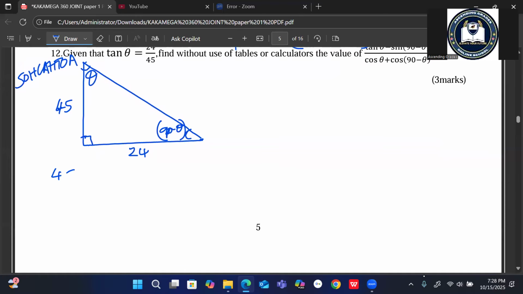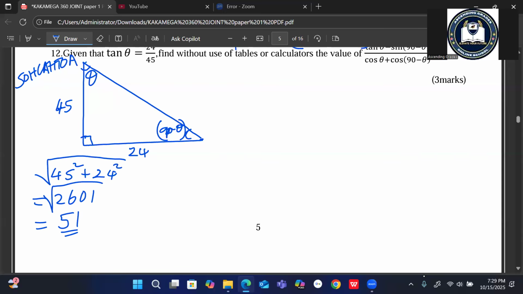It will be 45 squared plus 24 squared. Then we take its square root, whereby you'll get 2601. So when you take its square root, you get 51.